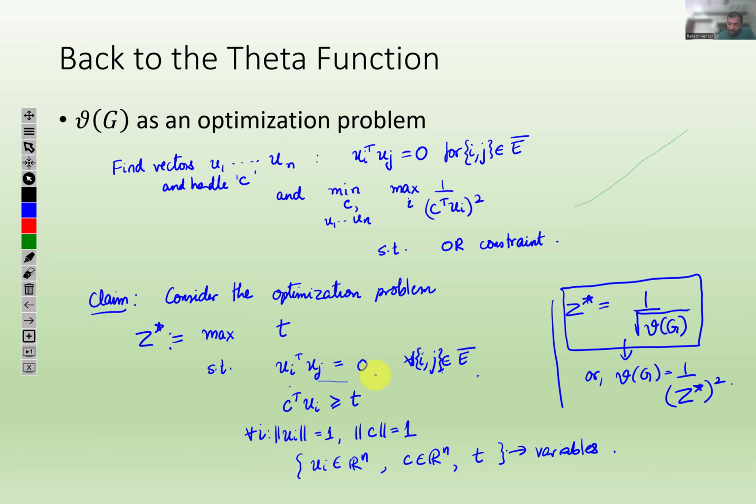So why is this equivalent to this? The reason is that for any set of vectors ui that are satisfying the other constraint, the value of T that will be set, let me write it here for lack of space.